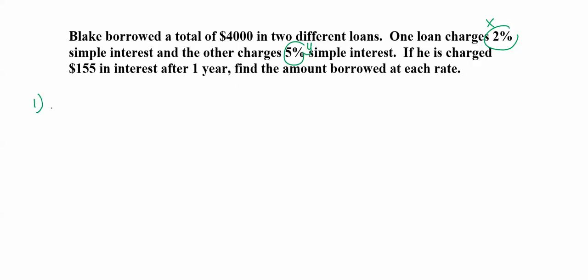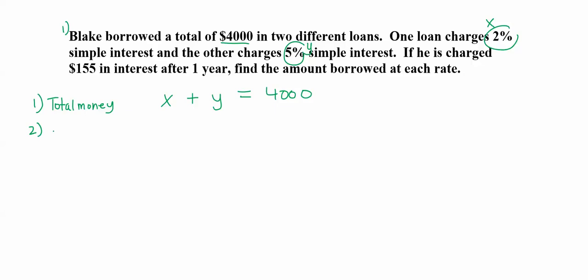So my first equation is going to be again my total money. Let's look at the first sentence to get that first equation. Blake borrowed a total of $4,000 in 2 different loans. So this is just regular x plus regular y equals $4,000 total.